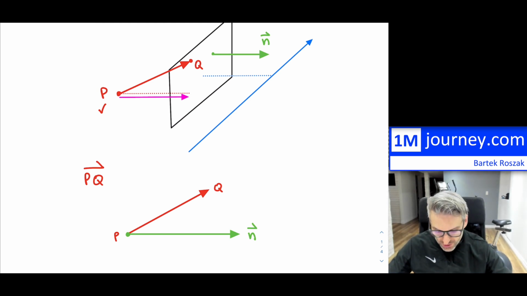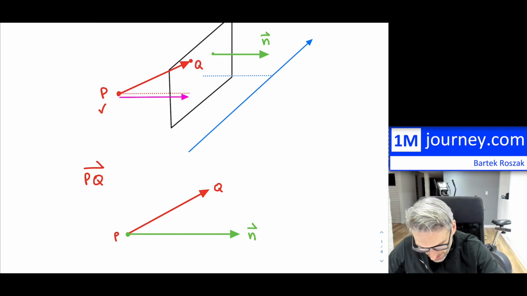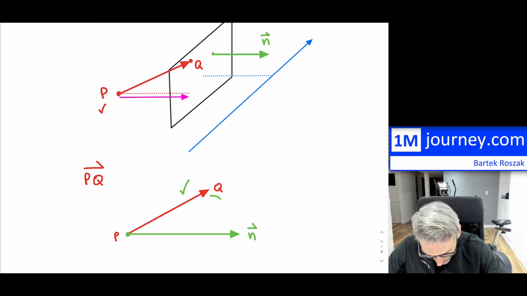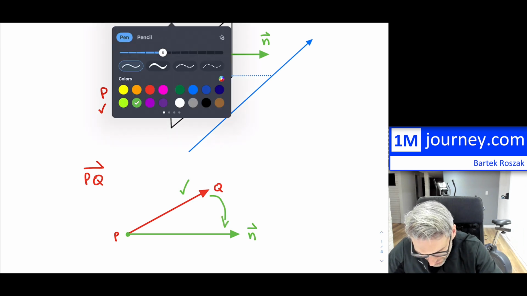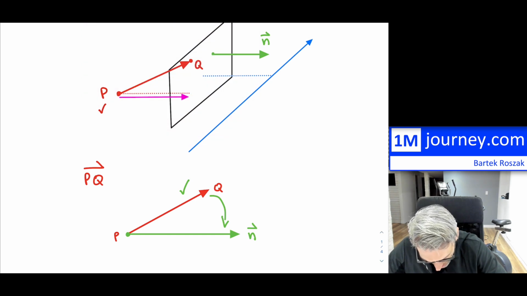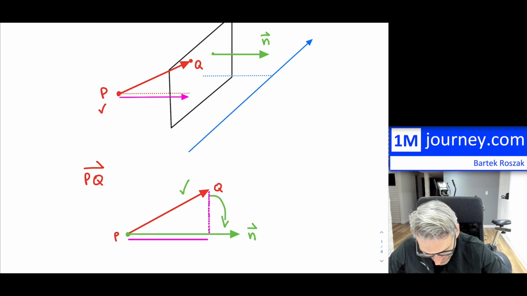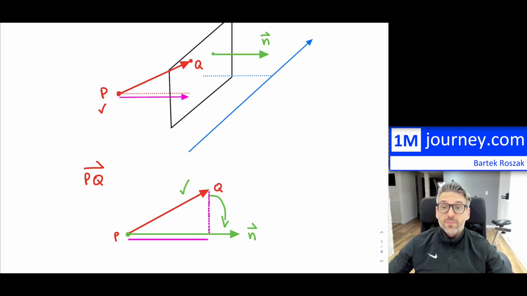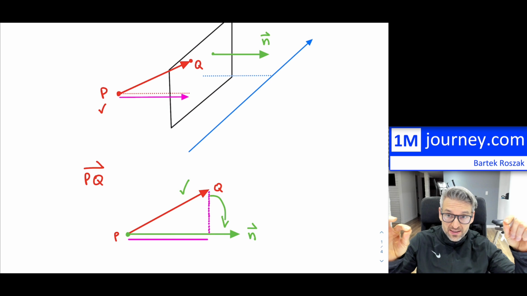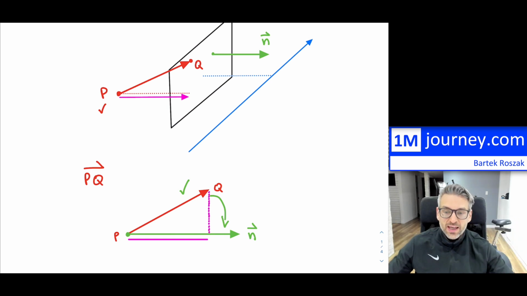So what we're trying to do is find this vector's projection onto the normal. If I would just take this and drop this down all the way, because this would indeed be the projection, we would find this vector from the point P to the plane, which would be the shortest vector that is going to be touching that plane.